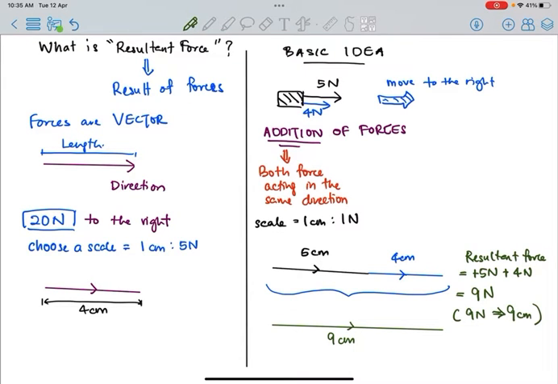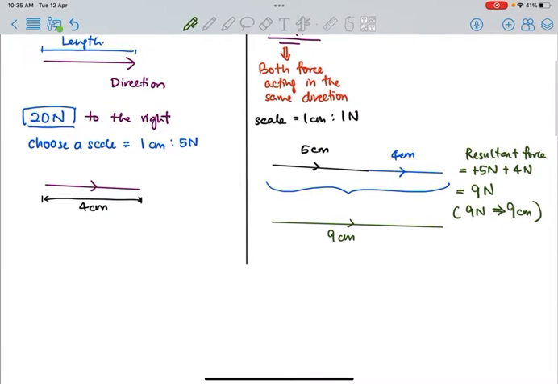Now, as a practice question, why don't you try? Imagine there is a box being pushed to the right by a 10 Newton force, and at the same time another person is pulling it with a 5 Newton force. What would be the resultant force for this case?